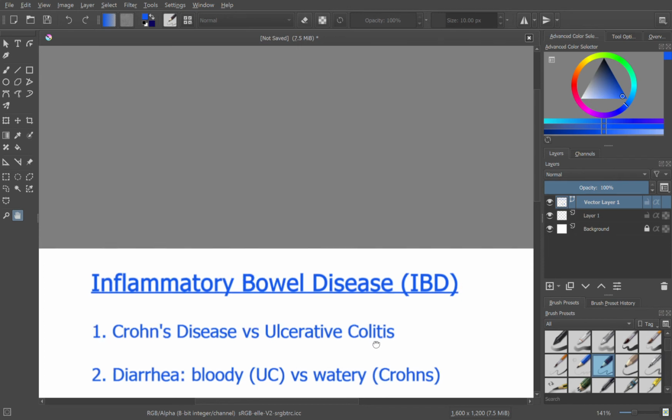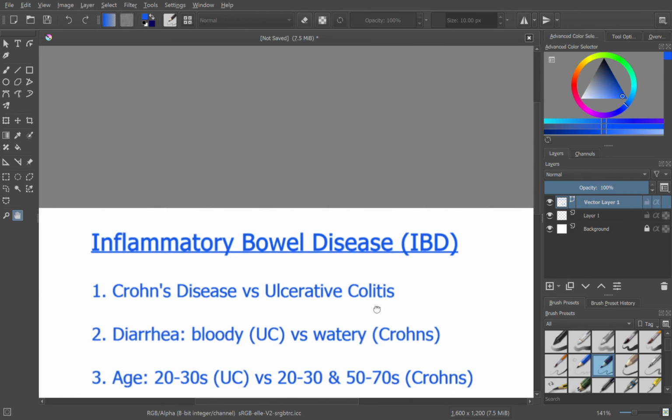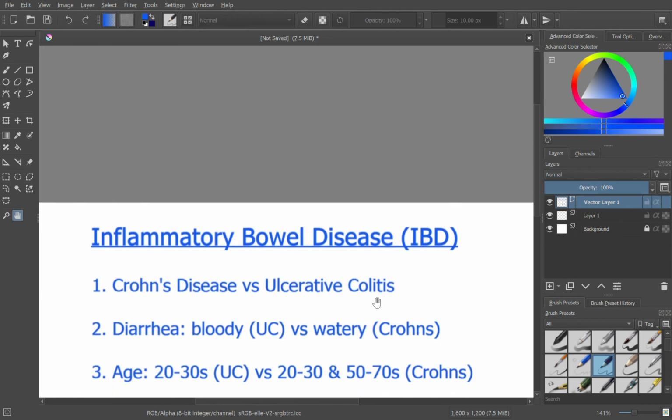And then lastly, the last golden nugget I wanted to talk about was the age range. In terms of ulcerative colitis, those patients tend to be in their 20s to 30s, whereas patients with Crohn's disease also tend to be between their 20s and 30s, but then there's also another group of people in their late 50s to 70s that develop Crohn's disease.